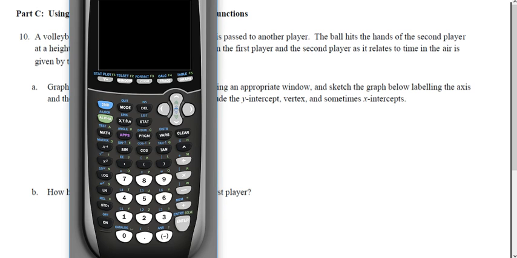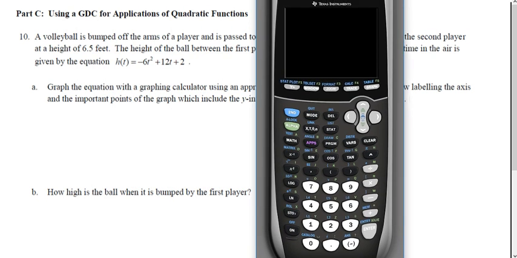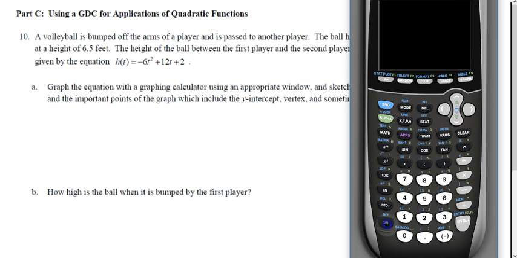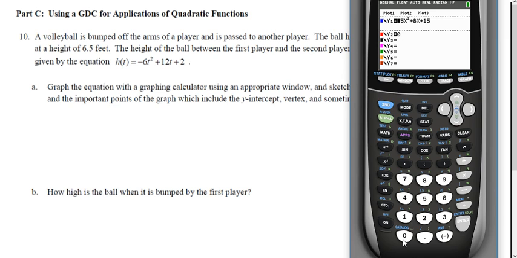Okay, so graphing display calculator out, on. I'm just going to edit what I already have here, because I am lazy.